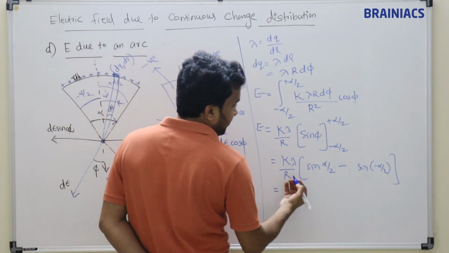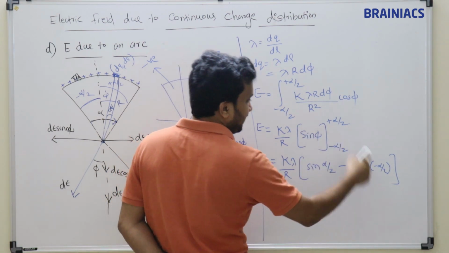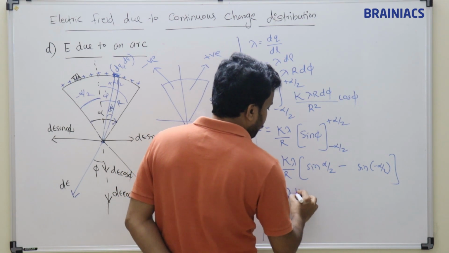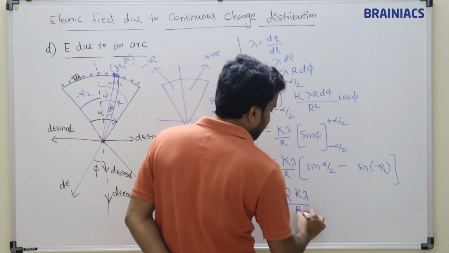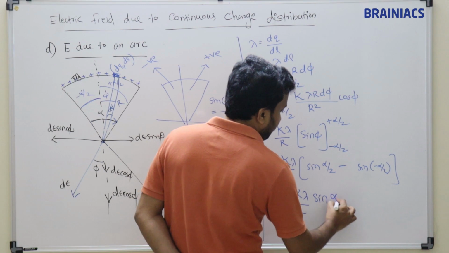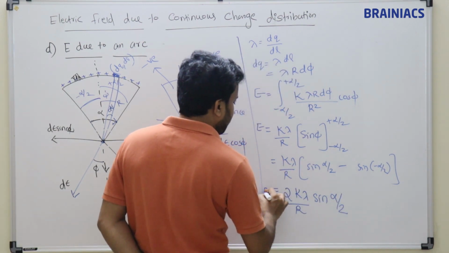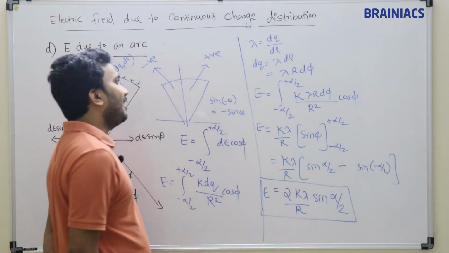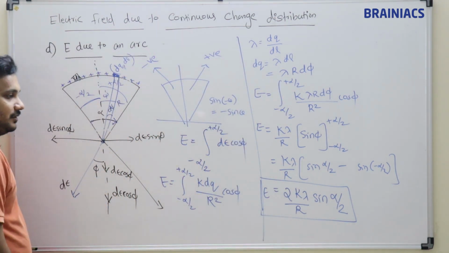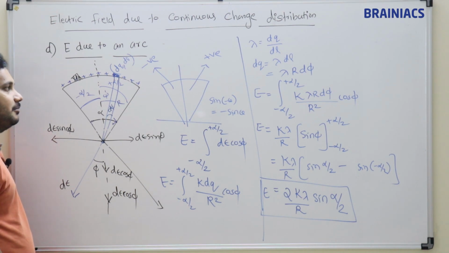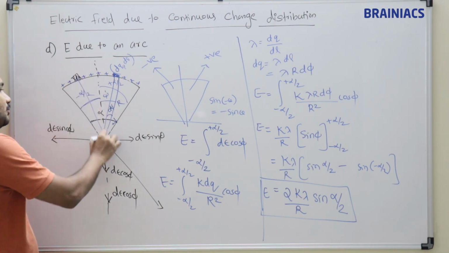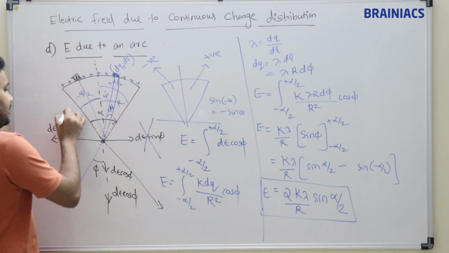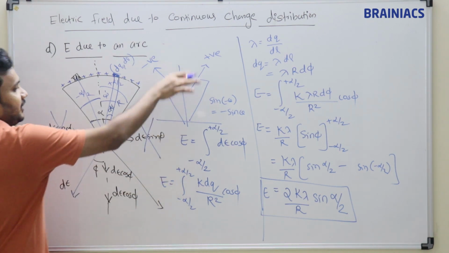So how much does it become? Sin alpha by 2 plus sin alpha by 2. So 2 times sin alpha by 2, which means 2k lambda divided by r into sin of alpha divided by 2. This is the electric field created by an arc. Because of the symmetrical structure, the electric field here gets cancelled with the electric field there, and this field gets added up.